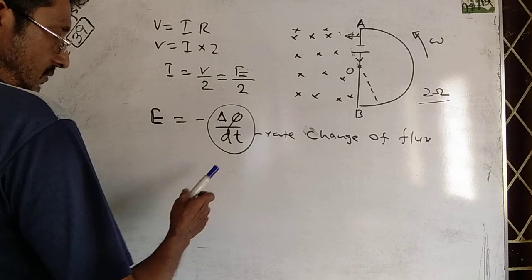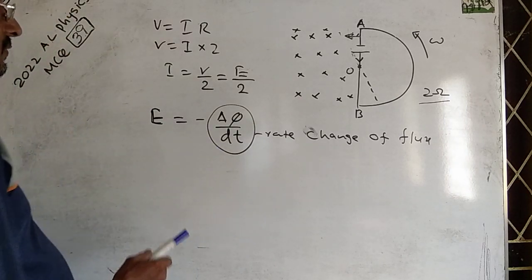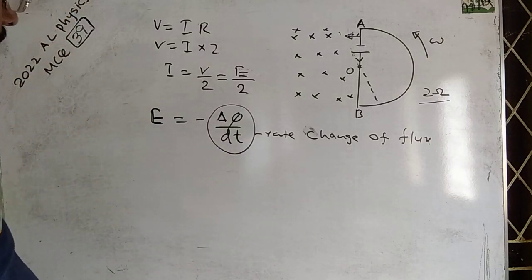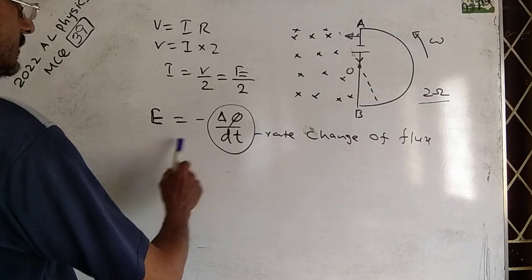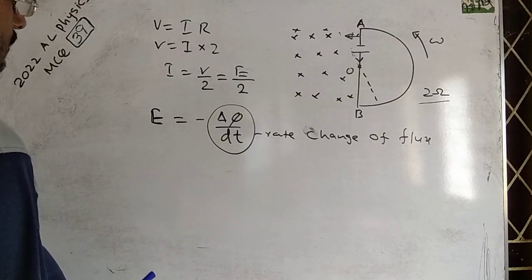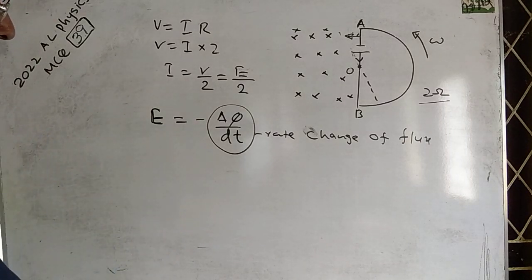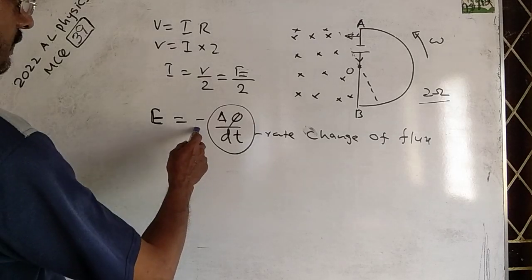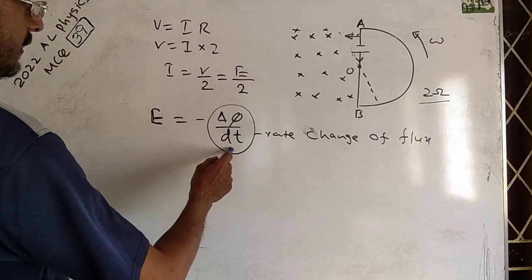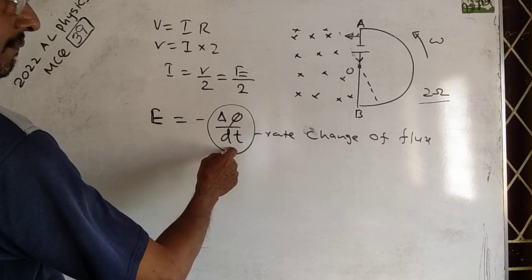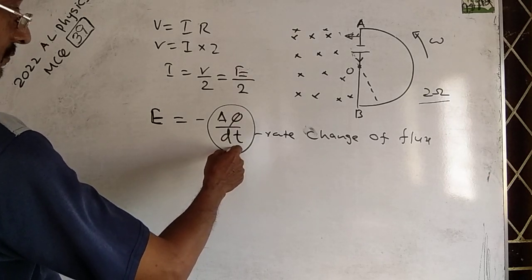According to Faraday and Lenz, this equation gives the EMF, and this minus sign denotes the direction of the EMF. Delta phi over delta t gives the magnitude of the EMF.